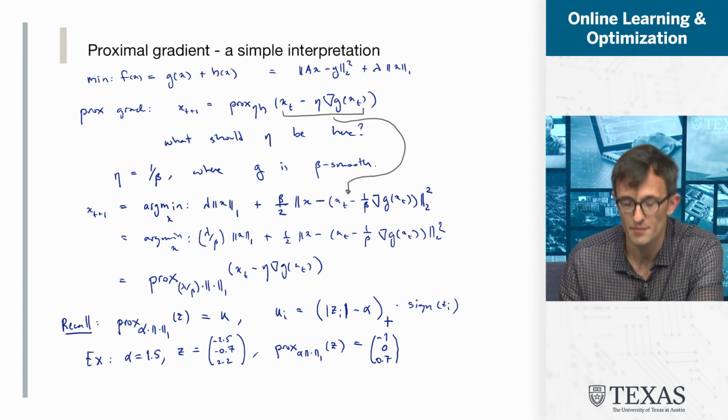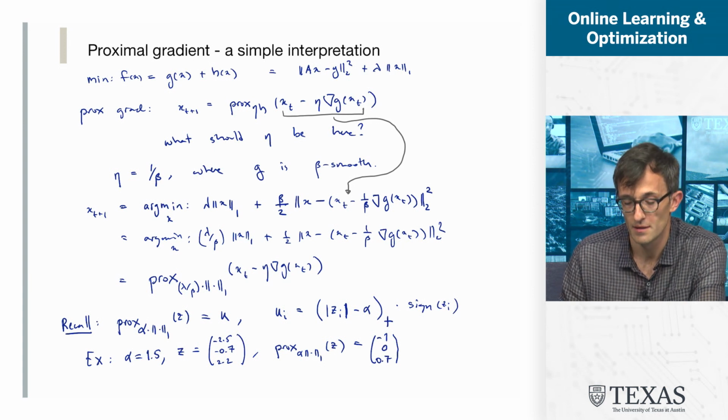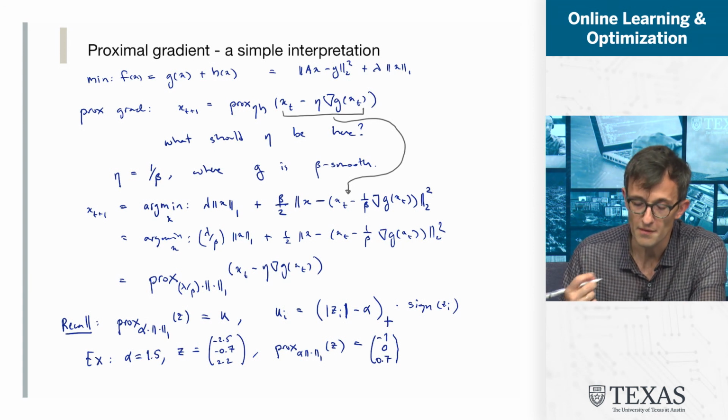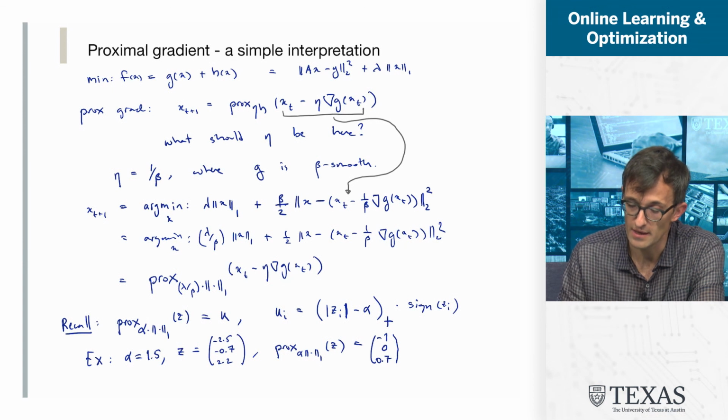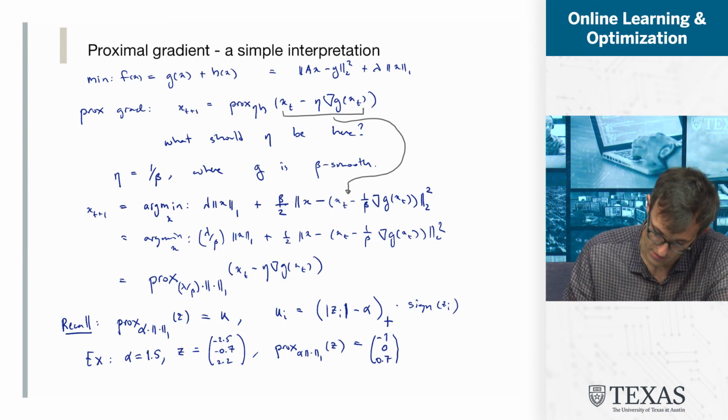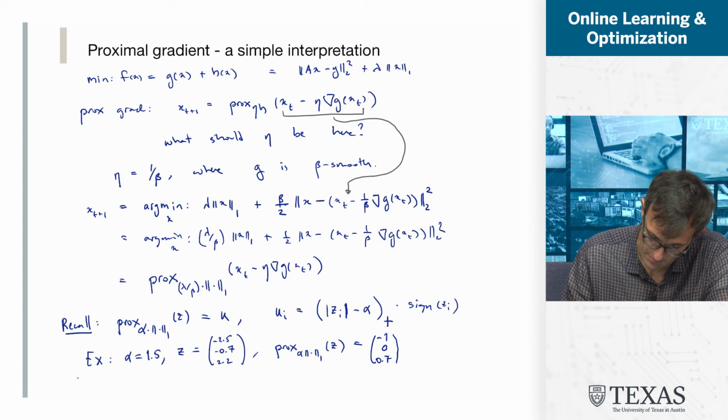So we have a very simple interpretation of what proximal gradient is for our setting here, and this is exactly the ISTA algorithm. So let's see if I can squeeze this right on the bottom.